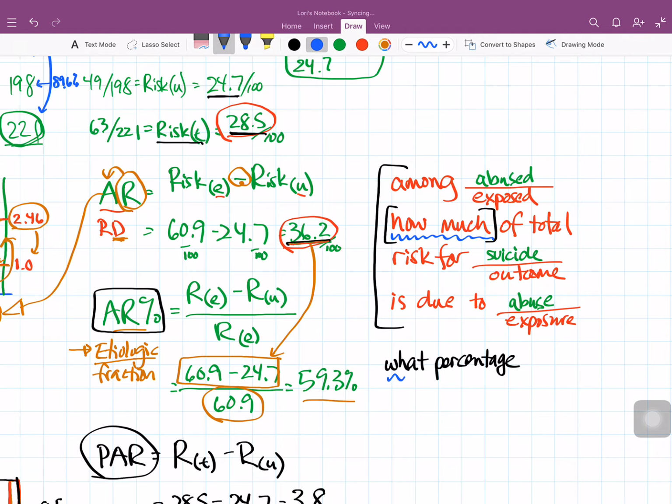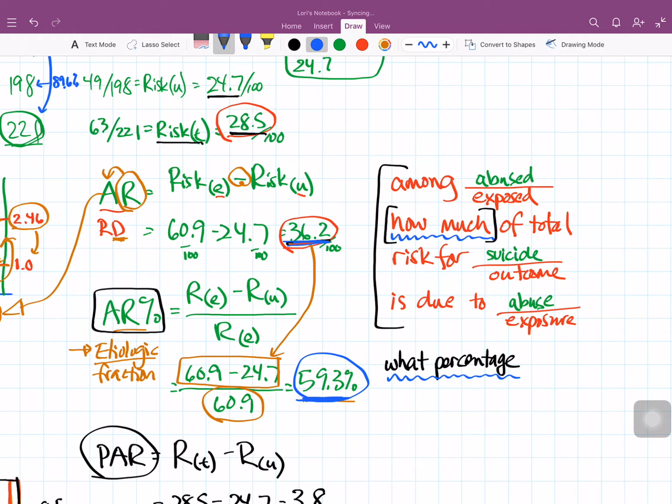So we'll just replace that blue squiggly line with: among the abused, what percentage of the total risk for suicide is due to abuse. And so here we get a percentage, 59.3%. So this is an absolute measure of effect, whereas here we get a relative measure.